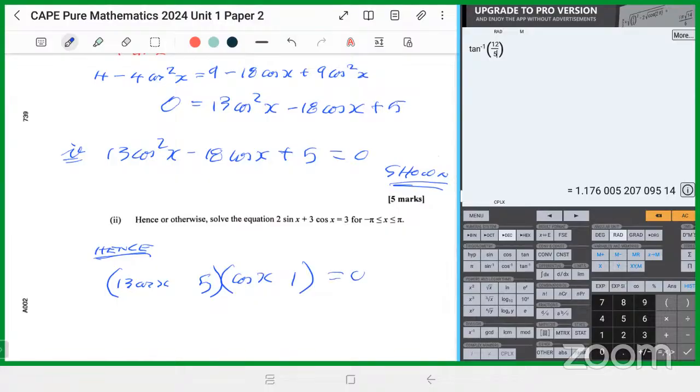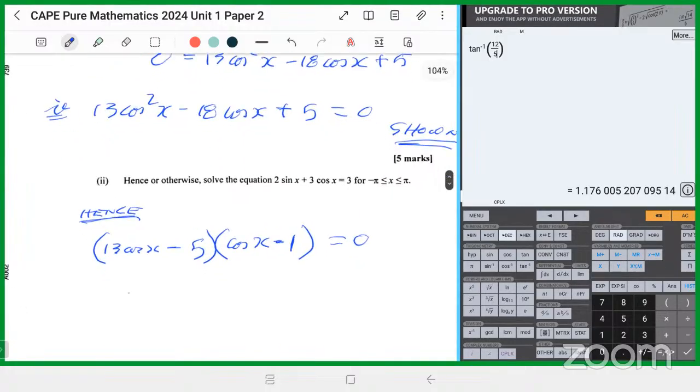And this equals 0. Signs are the same, they are both negative, so I need a negative 1 and a negative 5. So this one is going to give me cos x equals 5 over 13. And this one is going to give me cos x equals 1.